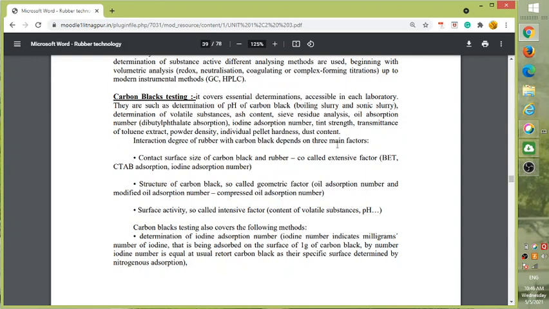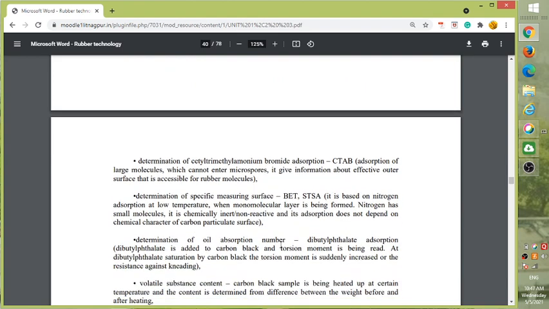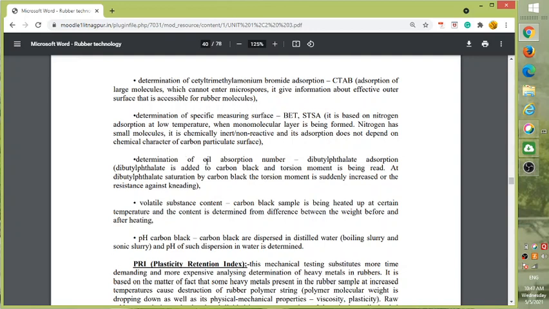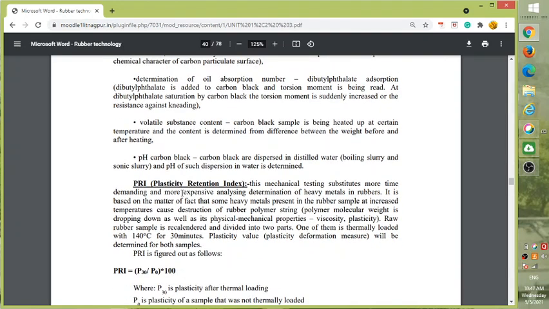Carbon black testing also covers the following methods: determination of iodine absorption number, determination of cetyl trimethyl ammonium bromide absorption, determination of specific measuring surface, determination of oil absorption number, volatile substance content, pH of carbon blacks.